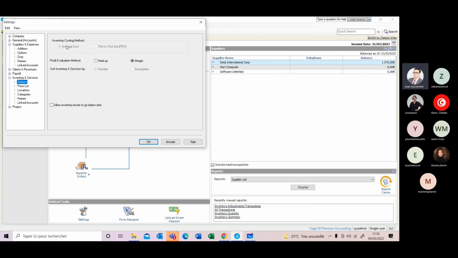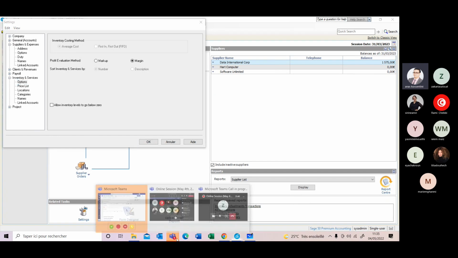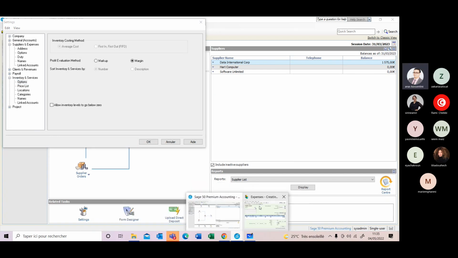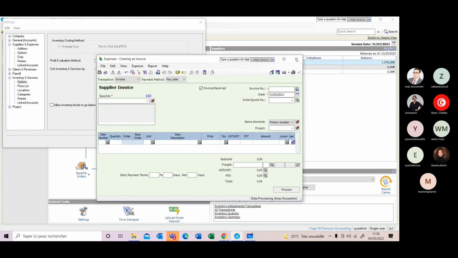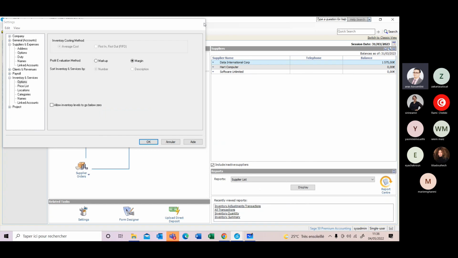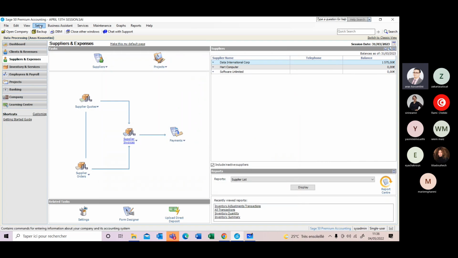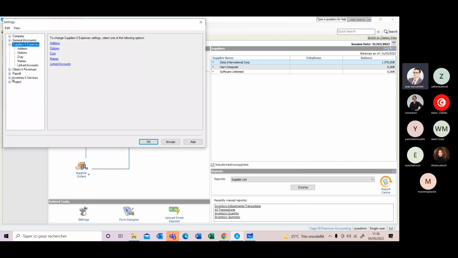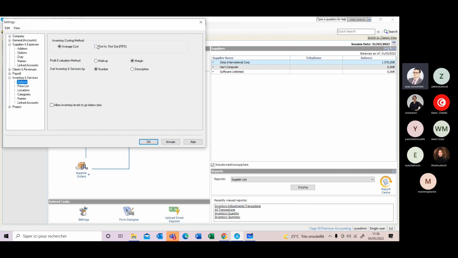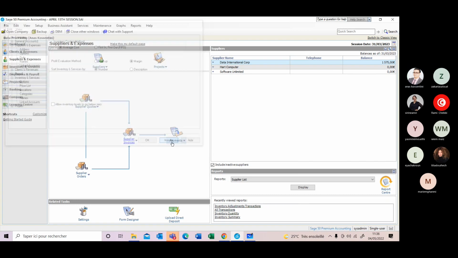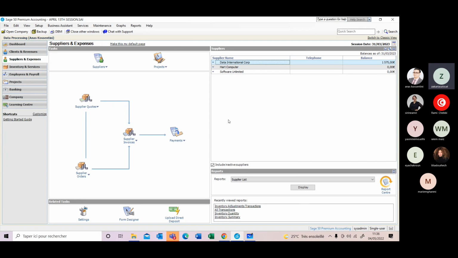I cannot select whether it's average cost or first in first out. The problem is that I have another window open on the side, which is this invoice. So if you close it, then you come back. So I have to close this invoice, get back to setup settings. Under inventory services options, now the option is valid and you select first in first out or average cost. Is it okay? Yes, it works now. Thank you, sir.